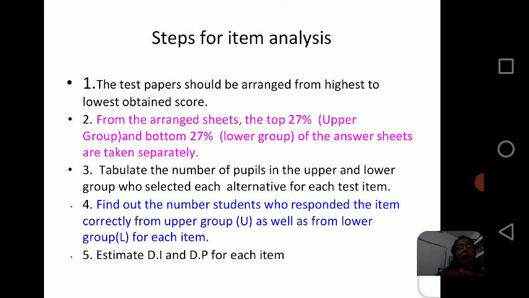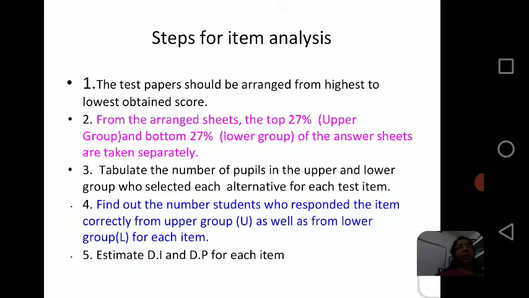Tabulate the number of pupils in the upper and lower group who selected each alternative for each test item. Then you take the answer scripts one by one. You take the first answer script in the upper group and mark it as student A. Then you tabulate the questions.